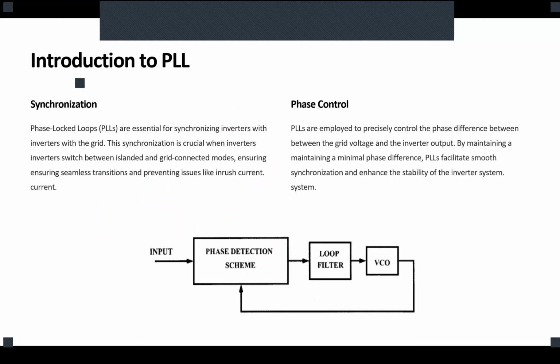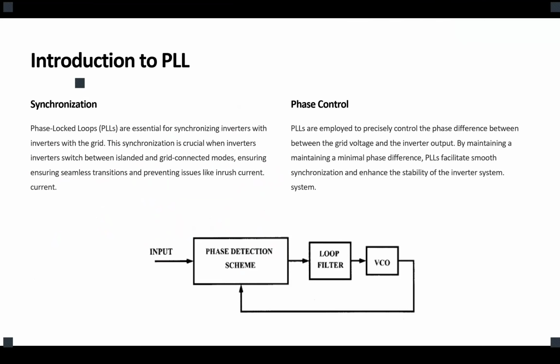And then we went through the PLL and said, if we want to synchronize our inverter with our grid, we use a technology or method named phase lock loop, which has tons of other applications besides that. What we wanted to use that PLL for is to synchronize our inverter to the grid.